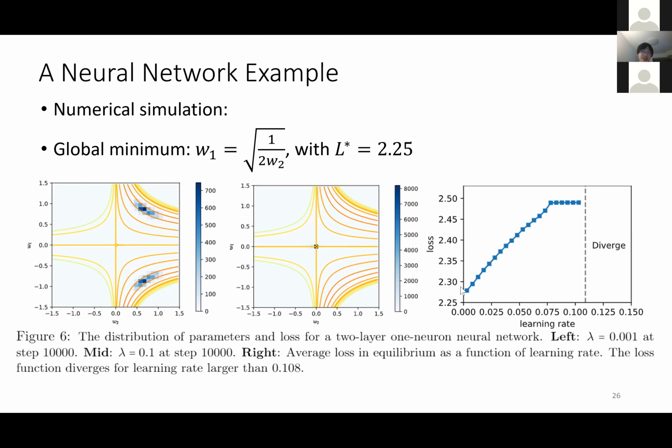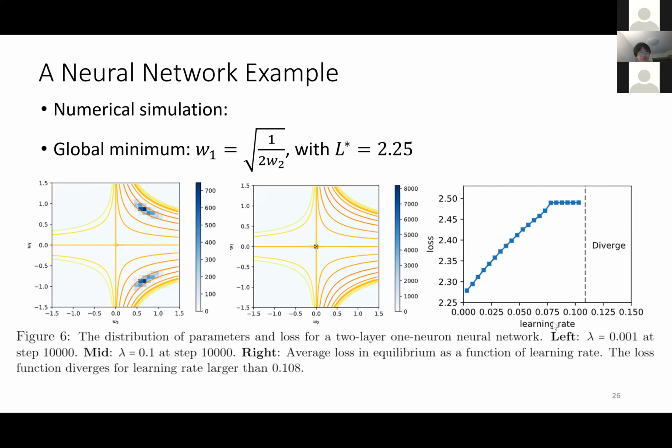It's slightly larger due to the fluctuation, but it's a sign that it's at the global minimum. As you increase the learning rate, the loss increases towards 2.5. And there is a range of learning rates where the model converges to a training loss of 2.5 before it suddenly diverges.